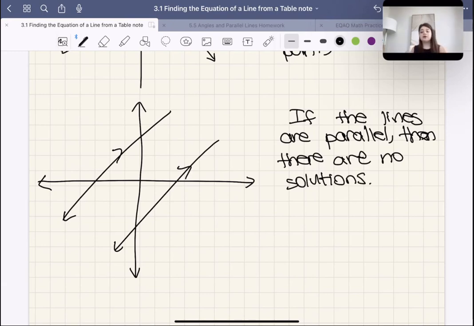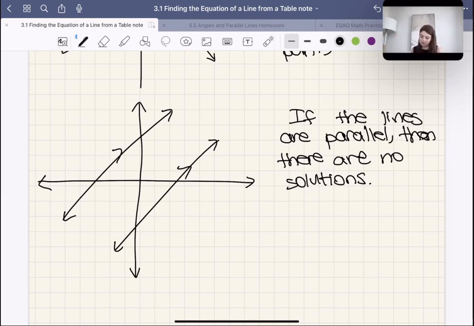Why are there no solutions if the lines are parallel? Well, if the lines are parallel, that means they have the same slope, right? So they're going up or down at the same rate. And so they're never going to meet one another because they start in different places and then they do the exact same thing. They're carbon copies of each other, just placed in different spots. And so they never actually meet one another.